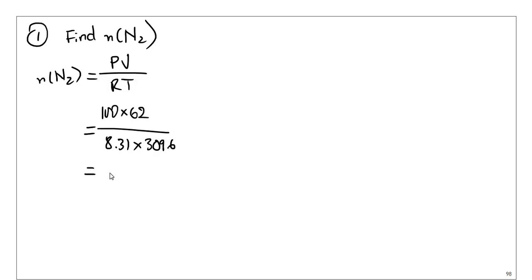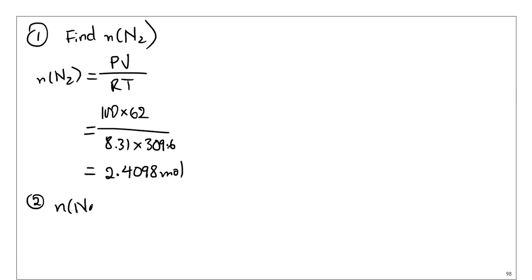This is quite a bit of work for a multiple choice question, but you're going to find those in the exam, especially when it comes to gases. I think they tend to be fairly difficult and the wording tends to be very unusual.